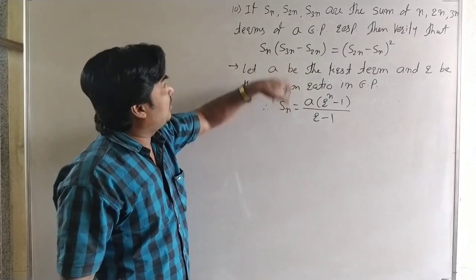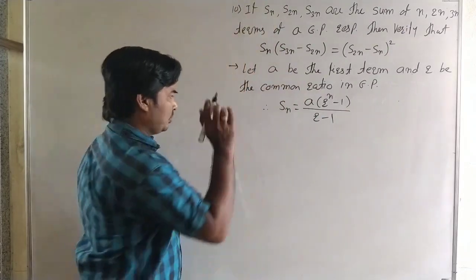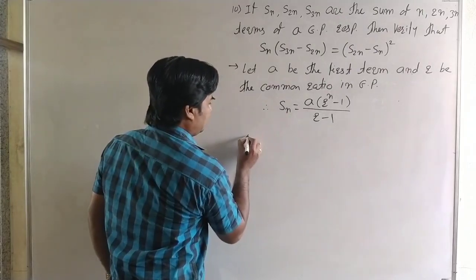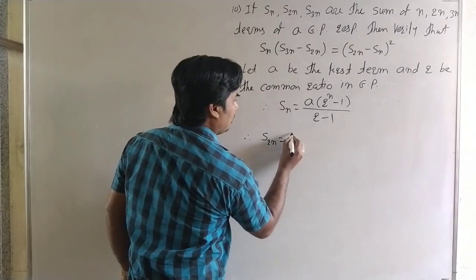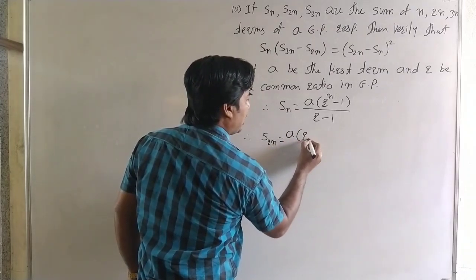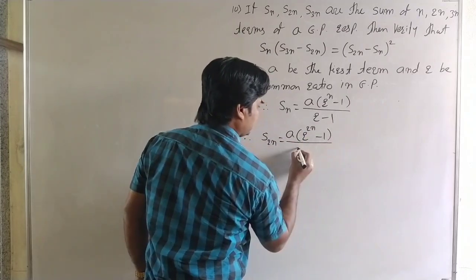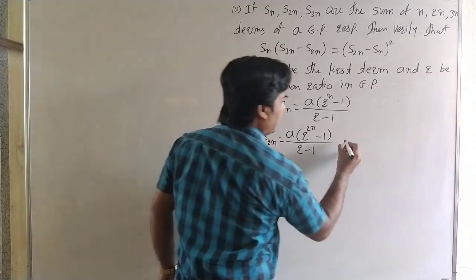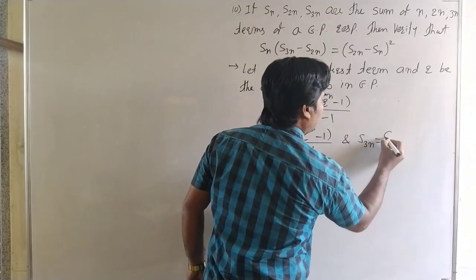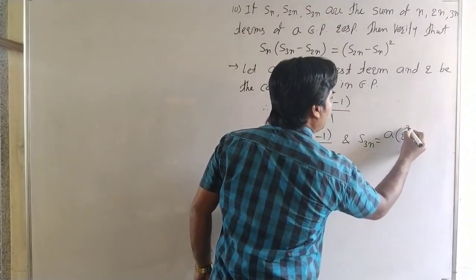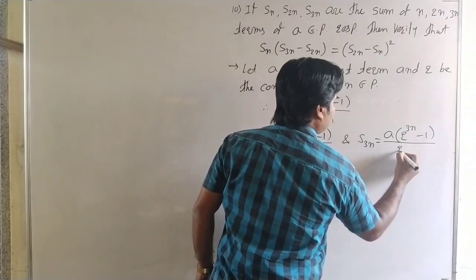Here 3 sums are given: Sn, S2n and S3n. Therefore, from this we can write S2n is equal to A into R to the power 2n minus 1 upon R minus 1 and S3n is equal to A into R to the power 3n minus 1 upon R minus 1.